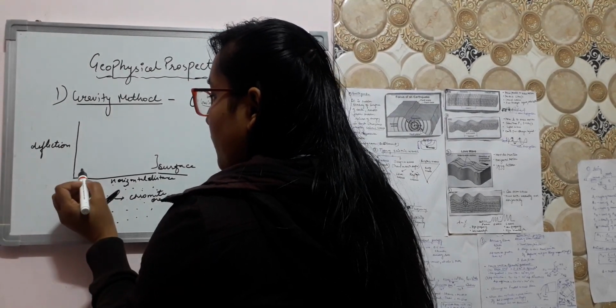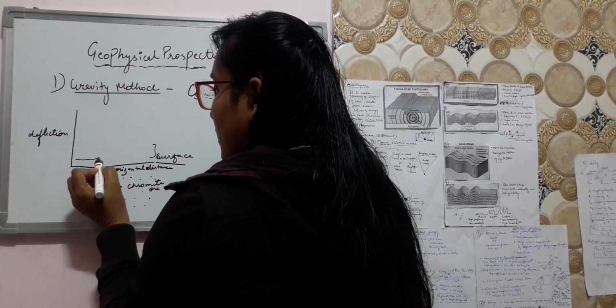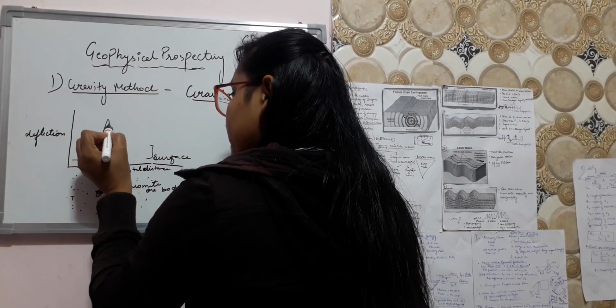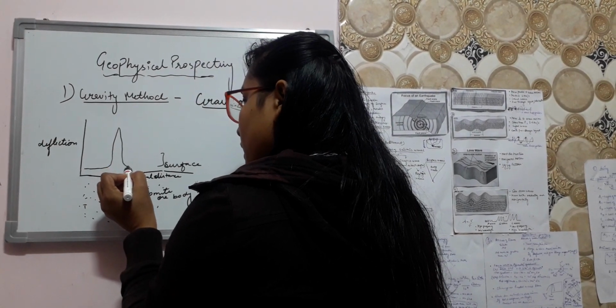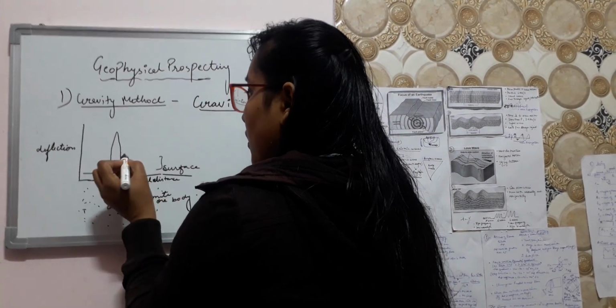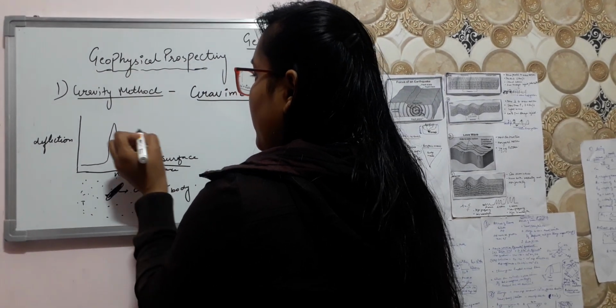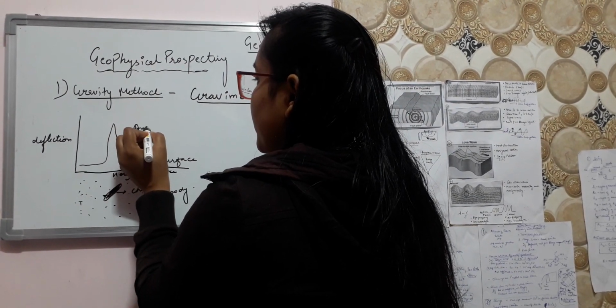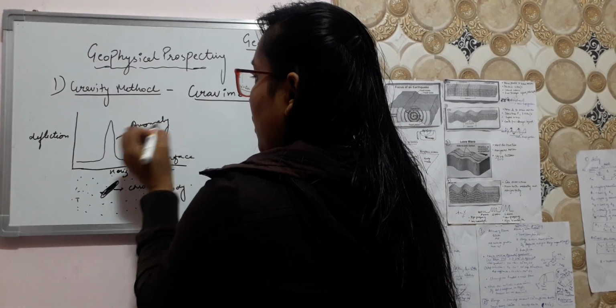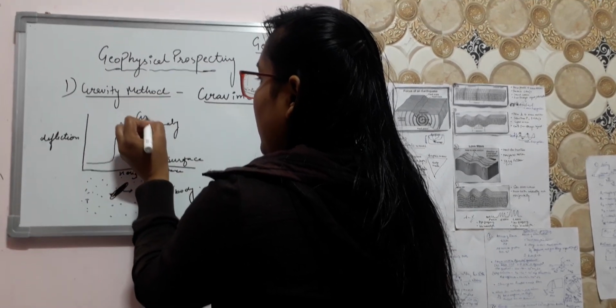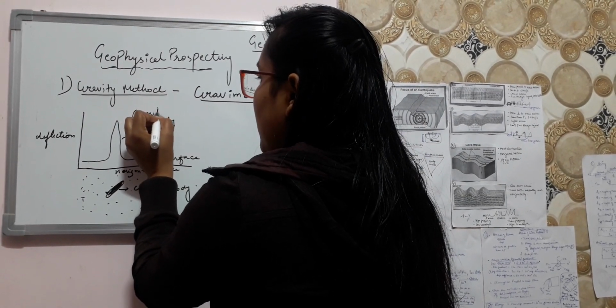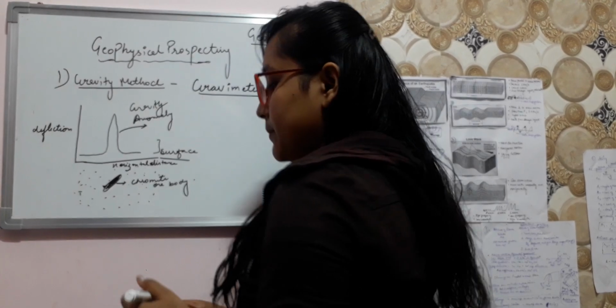So your graph will vary like this. At this point you will get a higher curve. So this point represents the anomaly, or you call it the gravity anomaly.